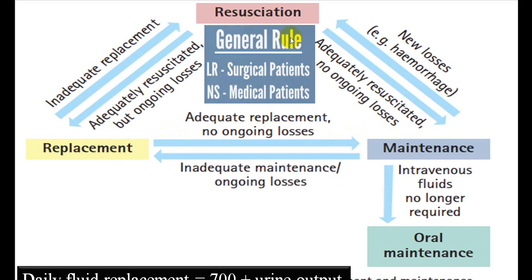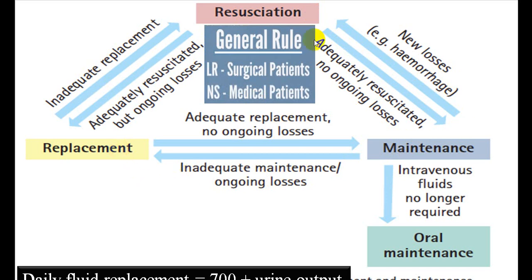You have to keep a watch whenever you are doing a resuscitation or replacement or a maintenance. A person who is on replacement therapy can go for resuscitation if there is an inadequate replacement and the person is developing circulatory problems. Or a person who is on maintenance suddenly gets some massive loss, he can go for resuscitation or he might require maintenance plus ongoing loss.